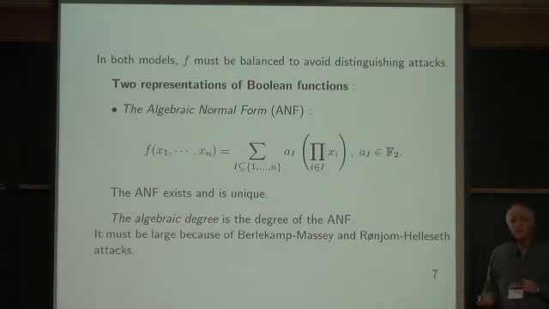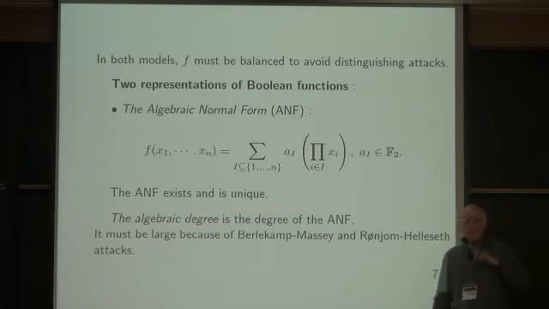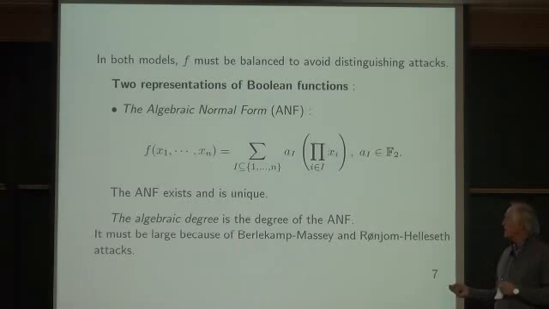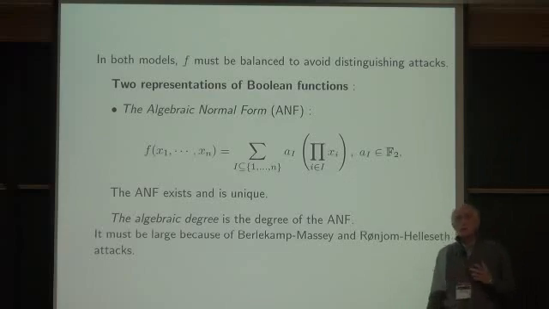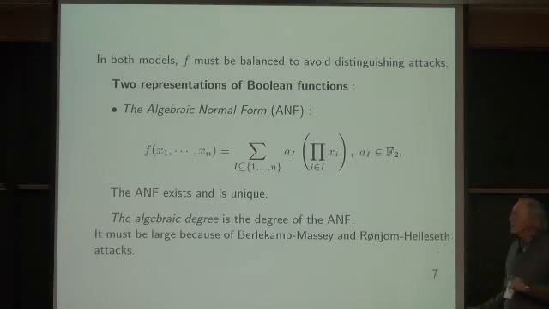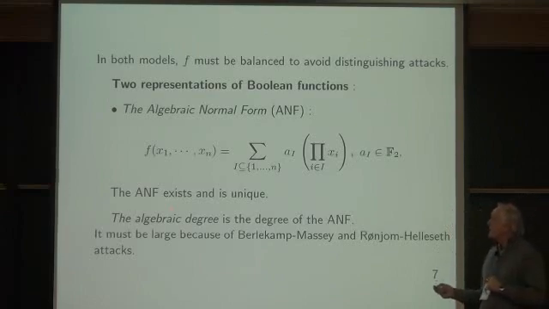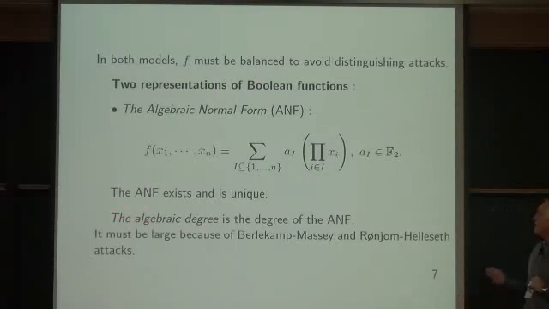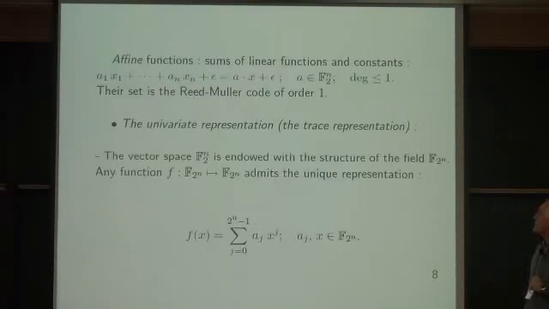This algebraic degree is related to at least two attacks: the very old Berlekamp-Massey attack and the more recent Rønjom-Helleseth attack. Both of these attacks work when the algebraic degree of the function is too low. So we will need the functions to have high algebraic degree as well, and balanced.